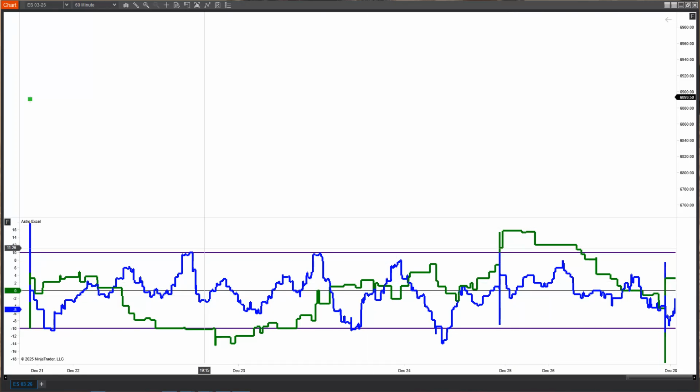Important blue line spikes. We've got this peak here on the 22nd, but that's right near the end of the day, about 3:15 to the 4:30 area. We've got another peak on the 23rd, peaking here at 10:18 to 11:30.